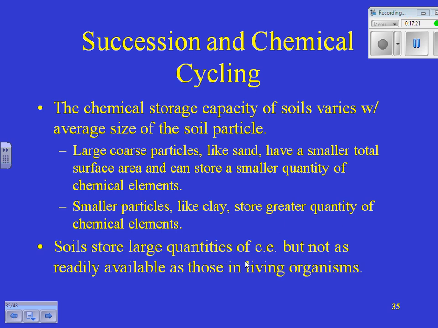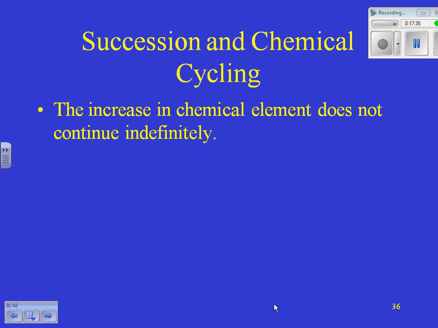Smaller particles like clay can store greater quantities. So soils store large quantities of chemical elements, but not as readily available as those in living organisms. Sometimes those chemical elements still have to be fixed.